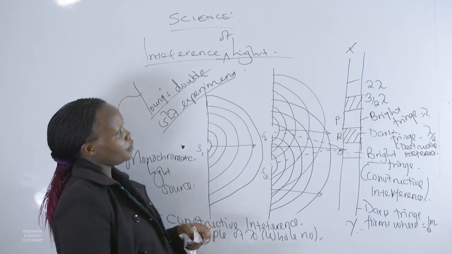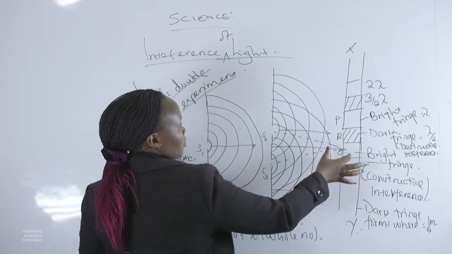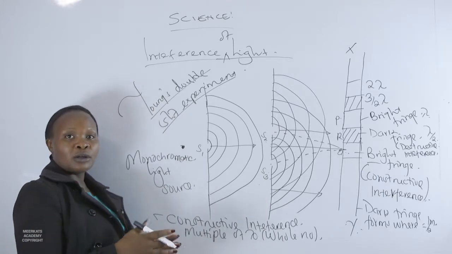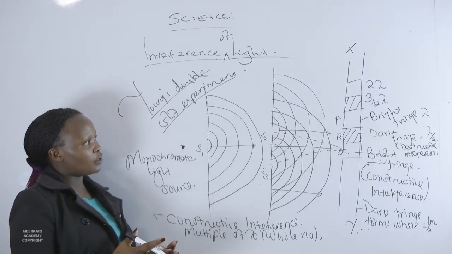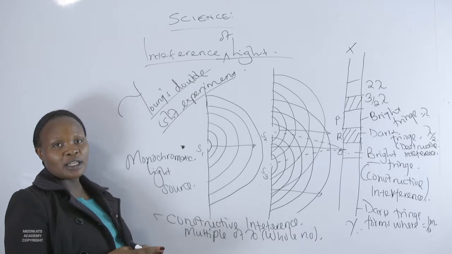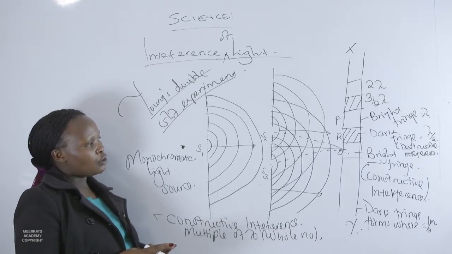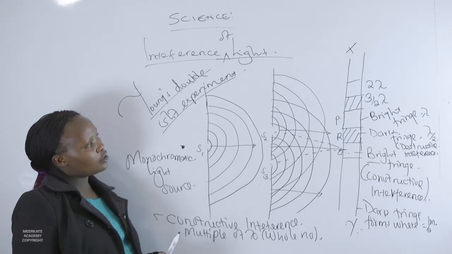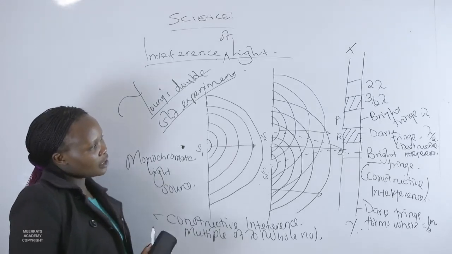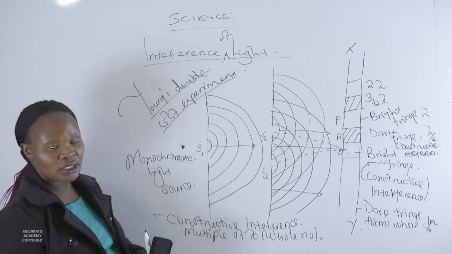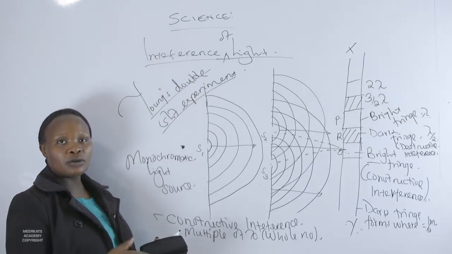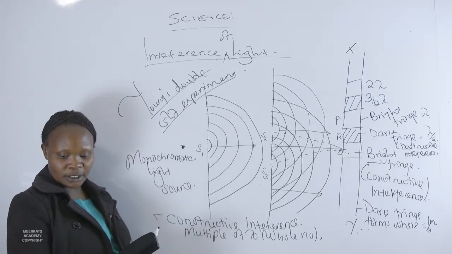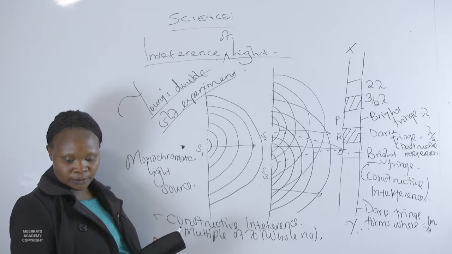It will be followed by another region where the path difference will be a whole number multiple of lambda, and those are the areas we expect to have our bright fringes. That forms a series of bright and dark fringes representing constructive and destructive interference respectively.